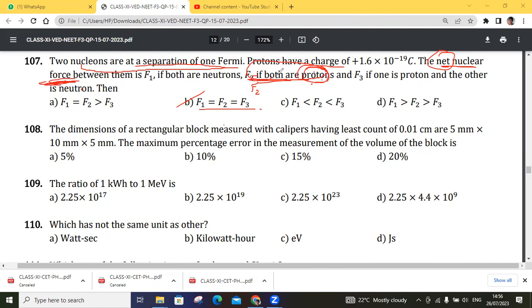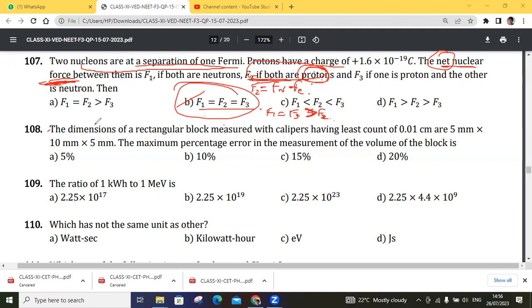If this is net force, then net force will be nuclear force minus electric force. Then F2 would have been less than F1. F1 will be equal to F3, which will be greater than F2. But this is net nuclear force, so only nuclear forces means they are equal.